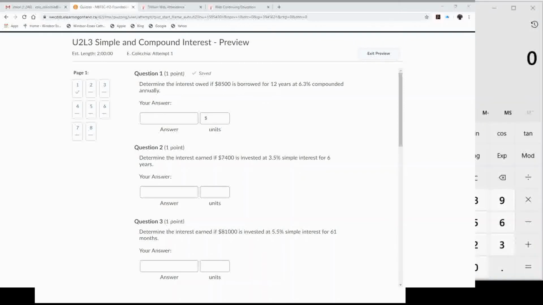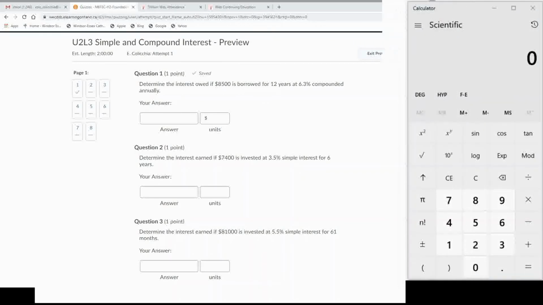Then let me move this screen here a bit so we can see our calculator, and then you'll add in your answer. So this is 8,500 is borrowed for 12 years at 0.063 compounded annually. Sorry, I thought it was a simple interest question. So we'll do 8,500 times 1 plus 0.063 compounded annually.